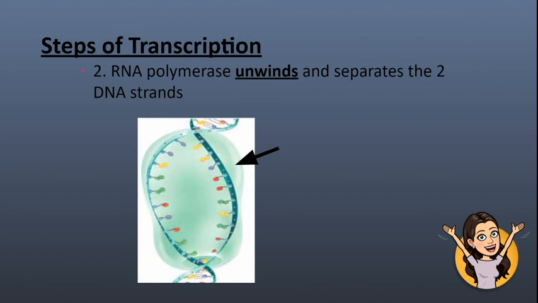The RNA polymerase will work to unwind and separate the two DNA strands. So as you can see, we are separating our DNA strand here by using RNA polymerase instead of DNA polymerase.